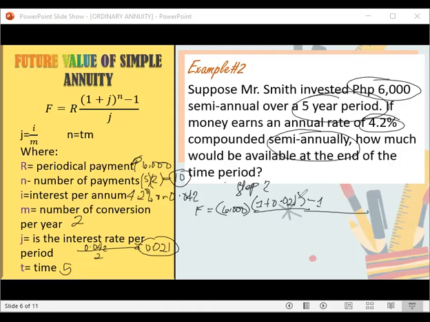So, what is N? Our N is 10. So, this should be raised to 10. Then, over 0.021. So, again, same process.